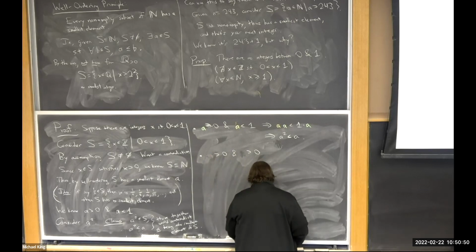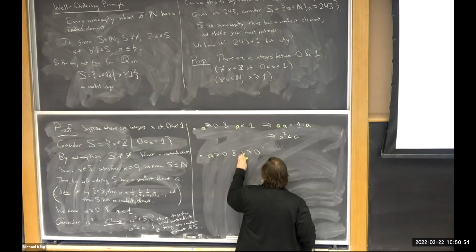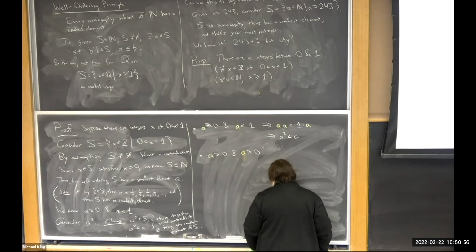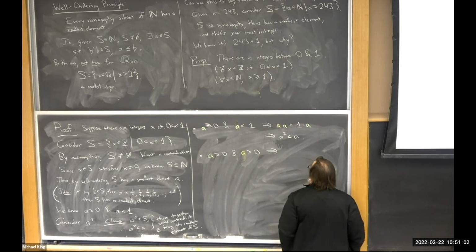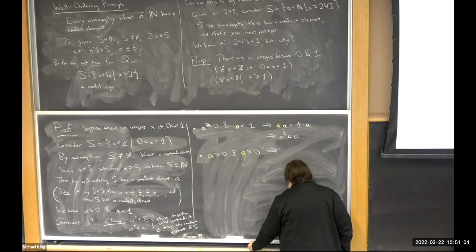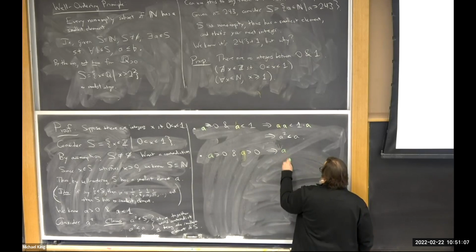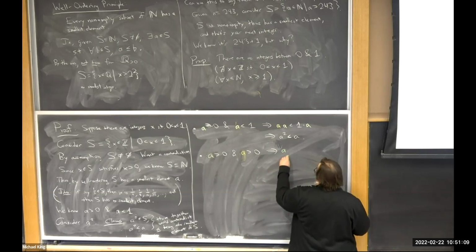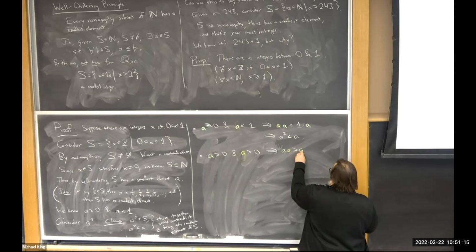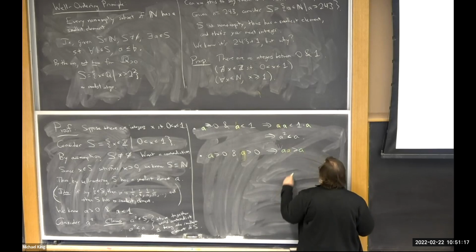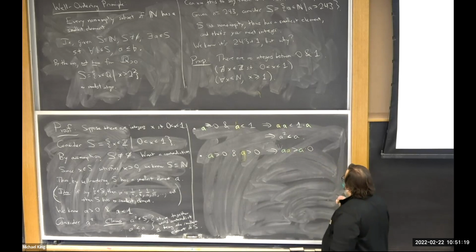Let me try doing this color coded. This is green A and yellow A. What did I just do? I said the word yellow, so I wrote Y. Implies A times A is greater than A times 0, right?